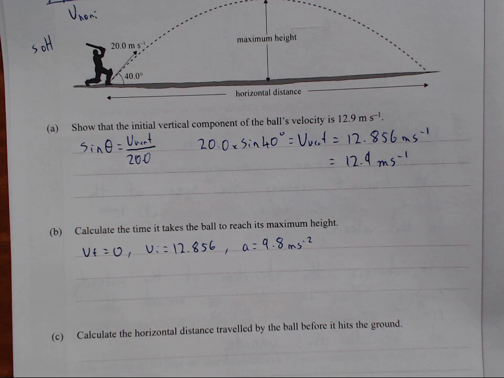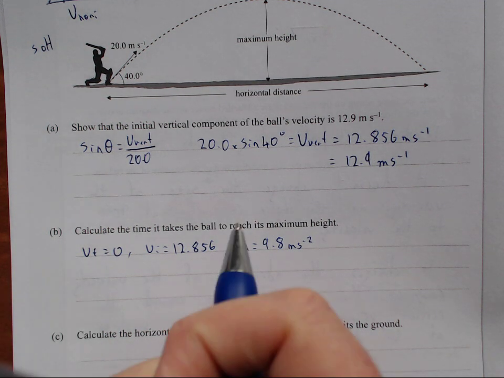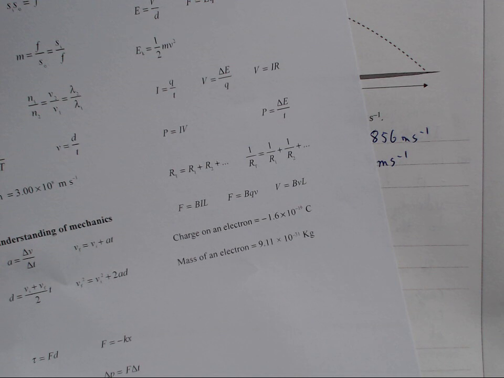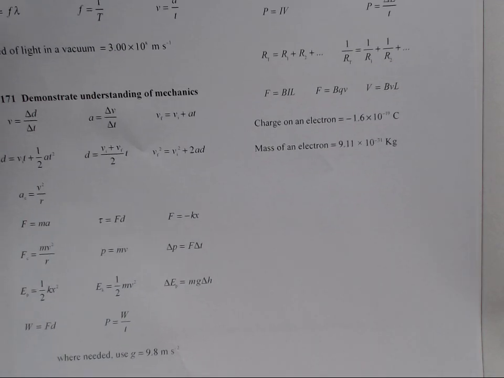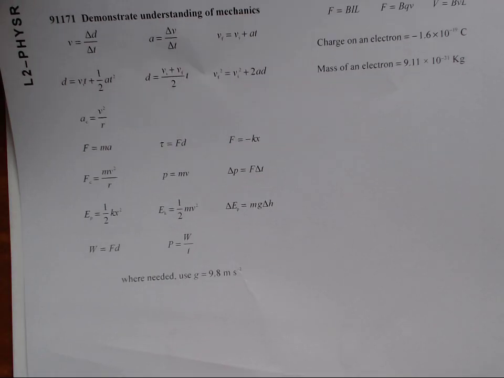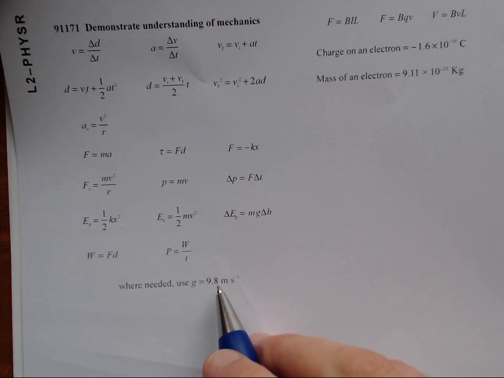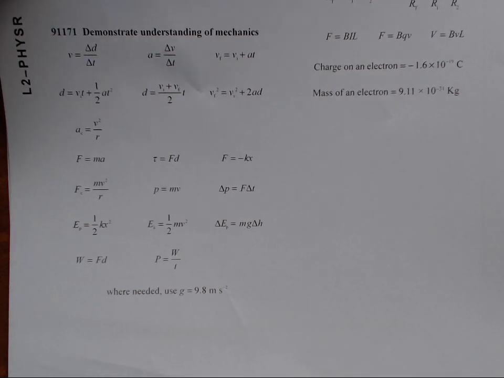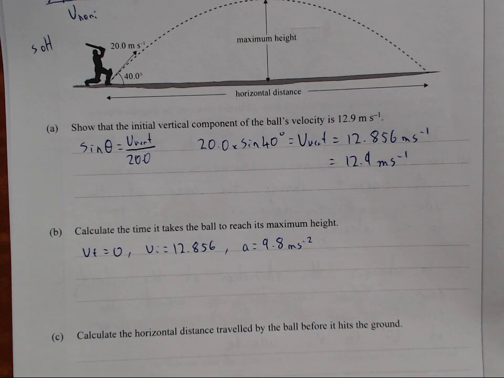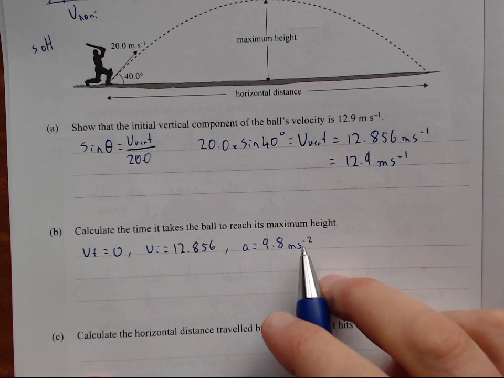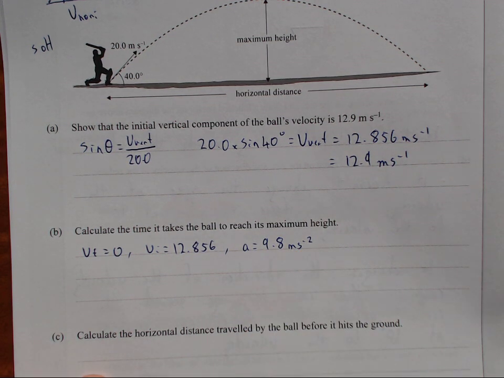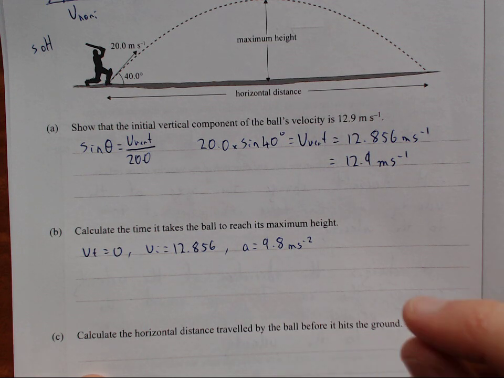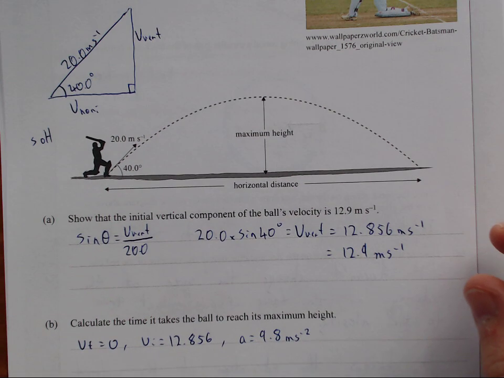Right, so what's this? I'm using an old formula sheet, so this is a 2015, and they have acceleration as 9.8 meters per second squared. I need to double check this, but I assume nothing has changed, so I'm using that for now. And this is going to be a bit of an area of conflict for me, which is a bit annoying.